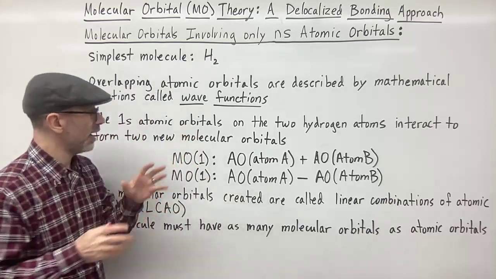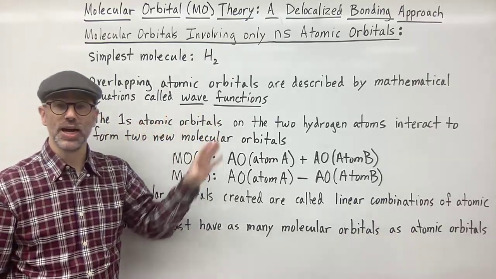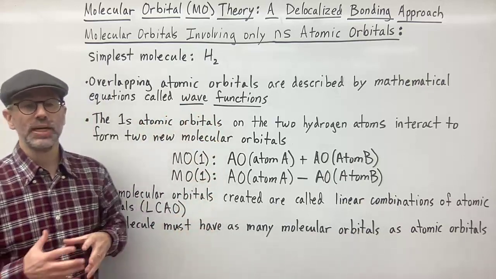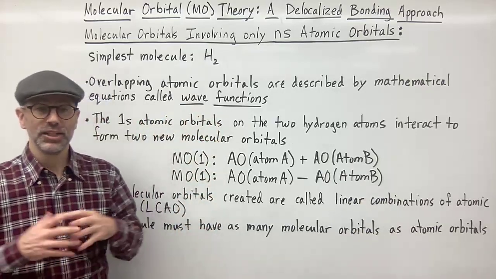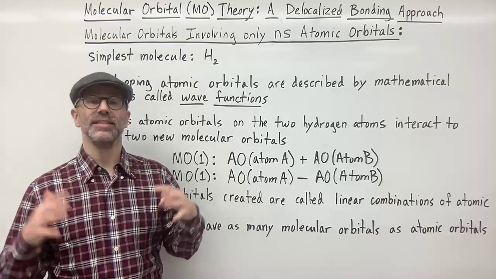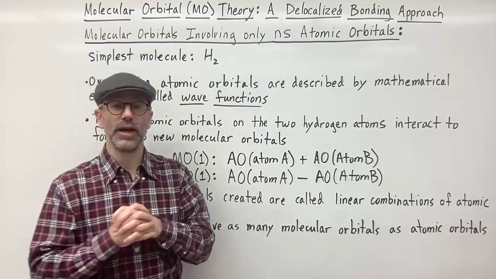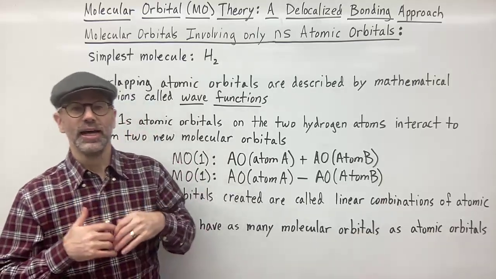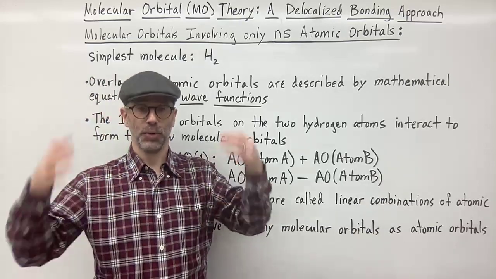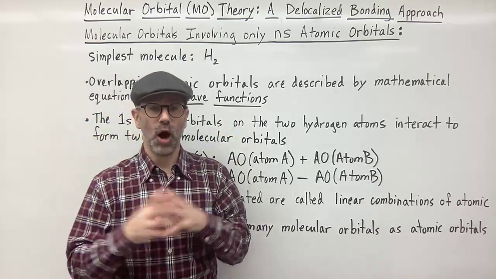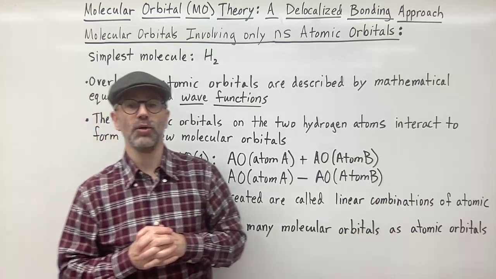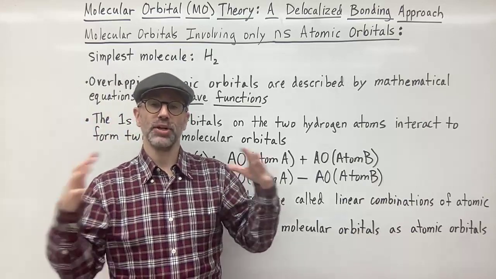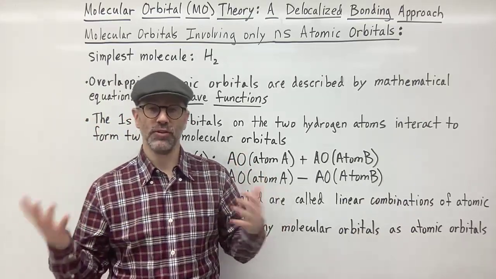If we're thinking of the electrons as waves, then we can also think of them in terms of how they interact in the same way that waves interact, right? If you bring to mind water waves, for example, when water waves interact with each other, there are a couple of different ways they can interact.